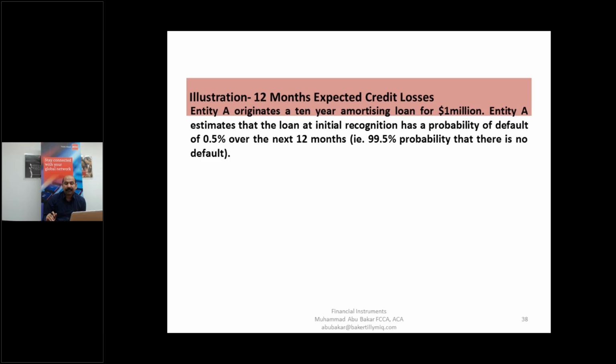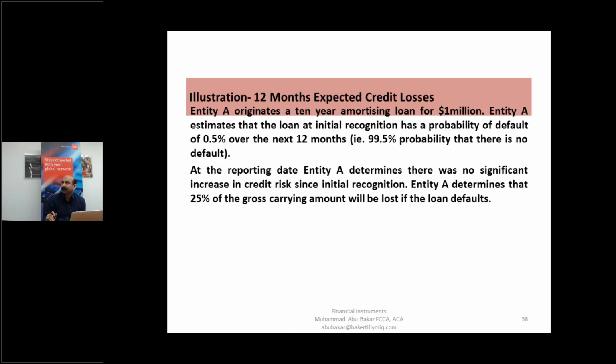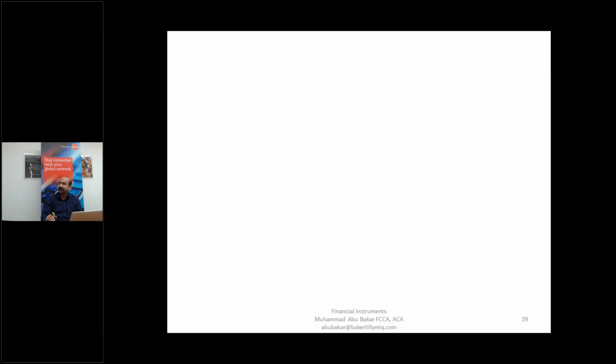At the reporting date, entity A determines that there was no significant increase in credit risk since initial recognition. Entity A determines that 25% of the gross carrying amount will be lost if the loan defaults. Required, calculate the expected credit losses on a 12-month basis. I have included the answer in these slides, so we can see the answer.